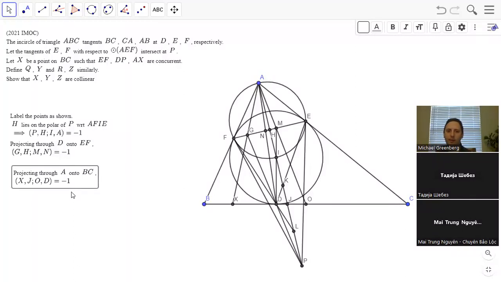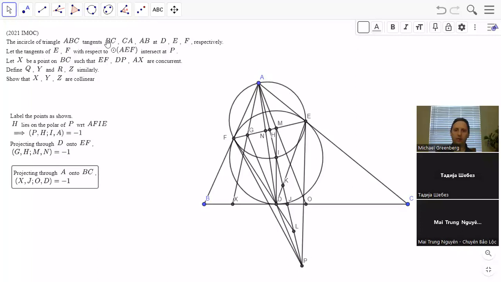So it might come down to a calculation. Oh, I think there is something which might be useful. We have that XD GEO is harmonic. Intersect OI with AD.